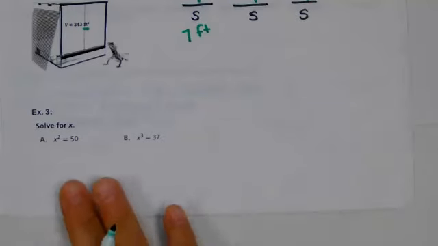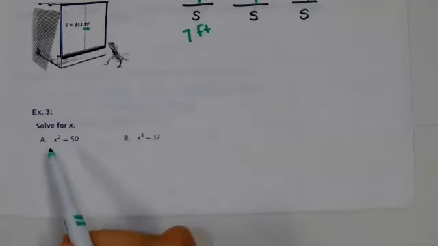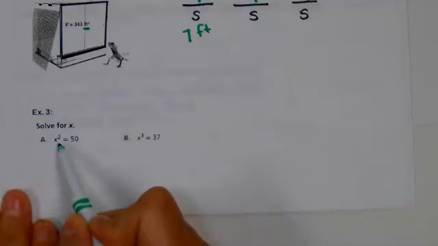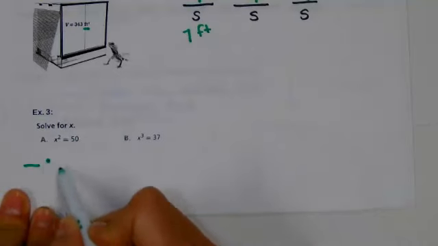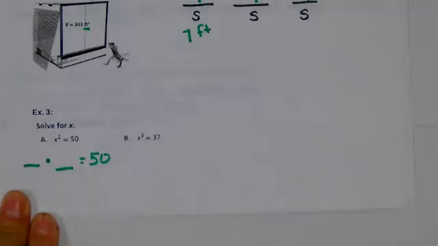And this is where kids get a little weirded out by this because now they're throwing in the letter X, and it can be any letter here. Don't let that confuse you. We're going to do it the same way. If X squared, right, there's a 2 there, equals 50, that means what number times itself equals 50? There's 2 of them.